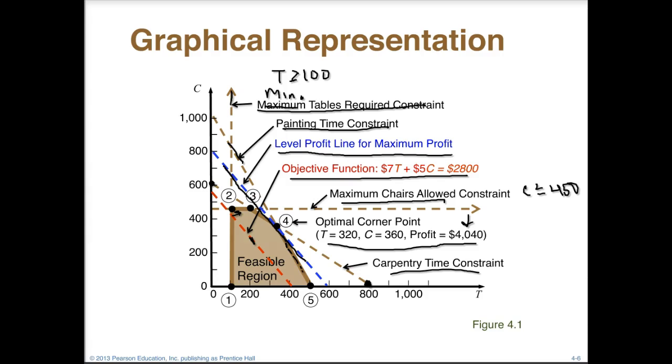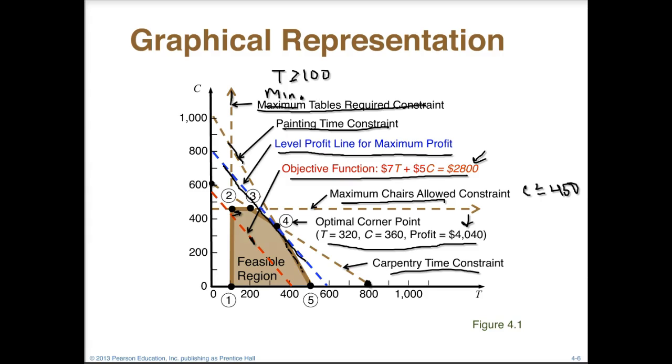Now, as we change our objective function, in other words, as the profit changes and we change these coefficients, the way this line looks on our graph is different. As we're changing the slope, sometimes we could also be changing which corner point it hits, if it hits any corner points.